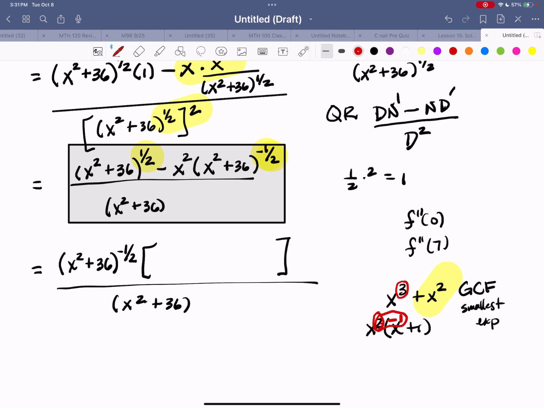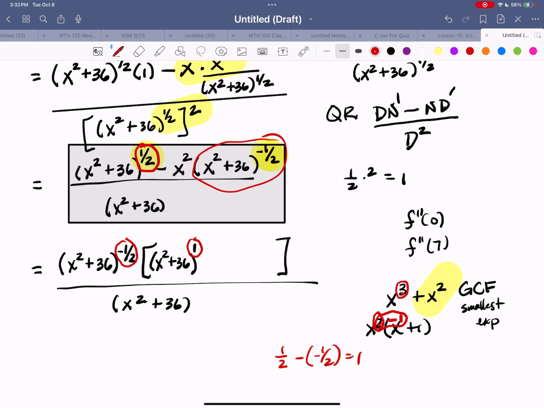So to get a positive 1/2, I'm going to need an x squared plus 36 to the 1. Because look, this exponent is a positive 1/2. These two have to add to a positive 1/2. Or you can take 1/2 minus negative 1/2, and that's where we get the 1, just like I did 3 minus 2 to get a 1 there. Here, I've taken out this whole thing, so that's just going to be a minus x squared.